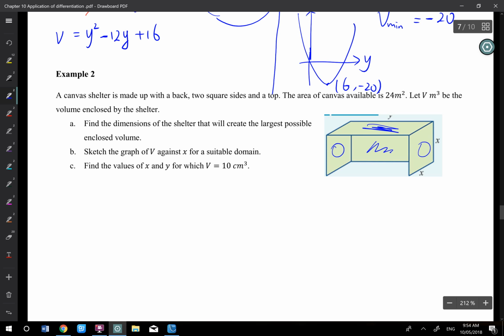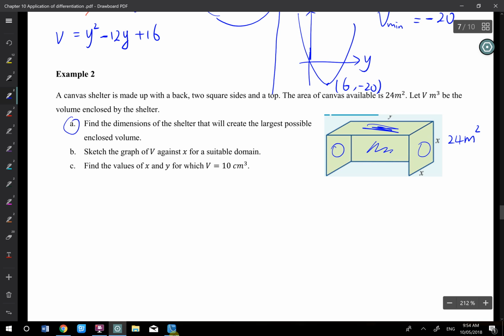The total area of this is 24 meters squared. Let V be the volume enclosed by the shelter. Find the dimensions that create the largest possible enclosed volume. Let's change this question a little bit.